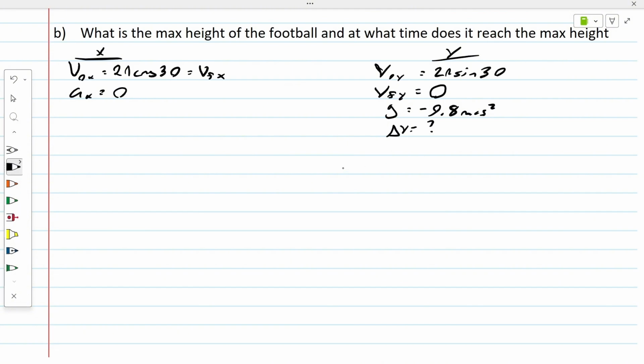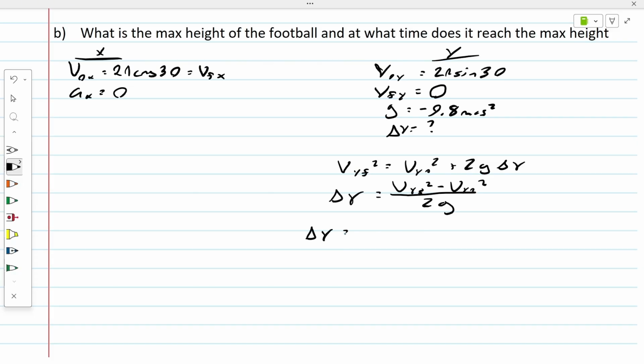So if we have v y final squared equals v y initial squared plus 2g delta y, we can rearrange this by subtracting to this side and dividing by 2g, so that our change in y is v y final squared minus v y initial squared, divided by 2g.